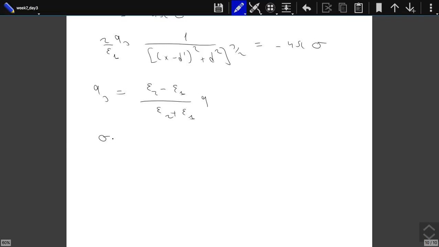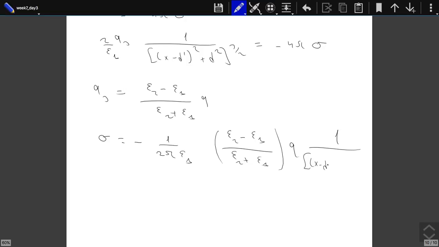So sigma is equal to minus 1 over 2 pi epsilon 1, times epsilon 2 minus epsilon 1 divided by epsilon 2 plus epsilon 1, times q, times 1 over (x minus d prime) squared plus d squared raised to the power 3/2.